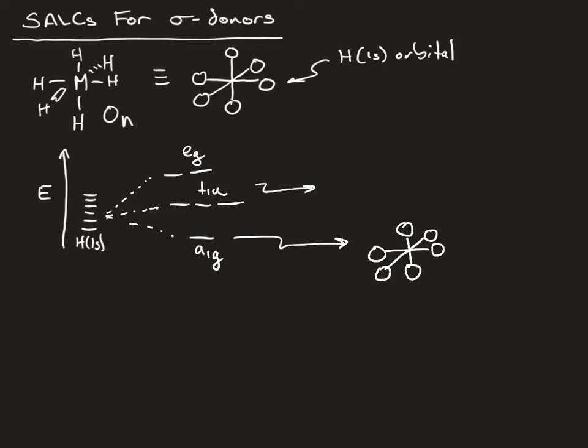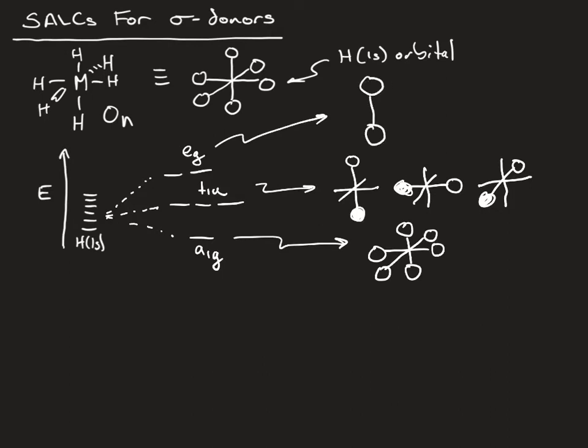The T1U forms a set that looks like that, and the EG forms a set that looks like that.